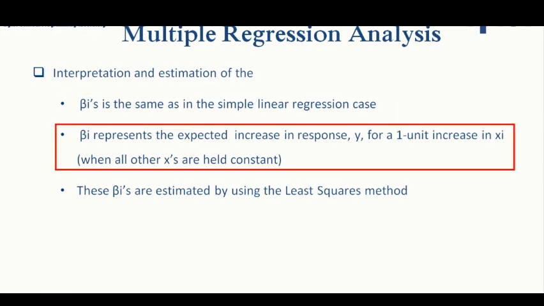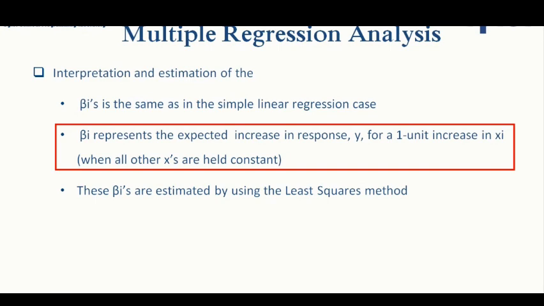Beta i represents the expected increase in response y for a 1 unit increase in the variable xi when all other xi's are held constant. So if you are talking about beta 2, suppose, then that means you are talking about the regression coefficient of y on x2 given that the other variables x1 and x3 are constant.